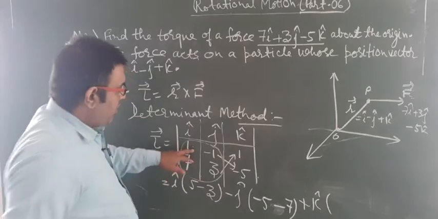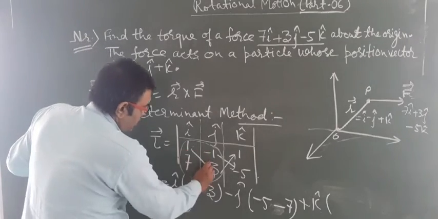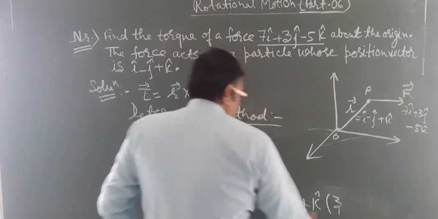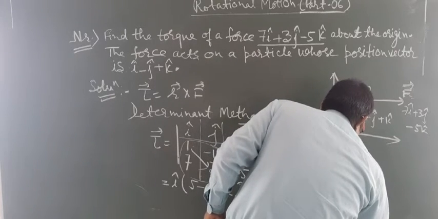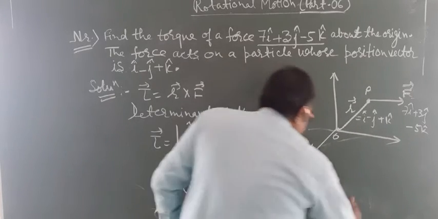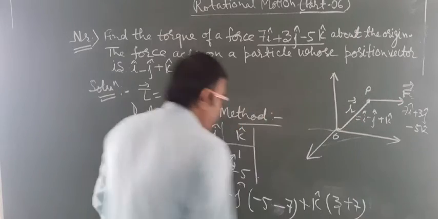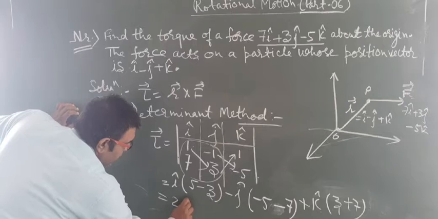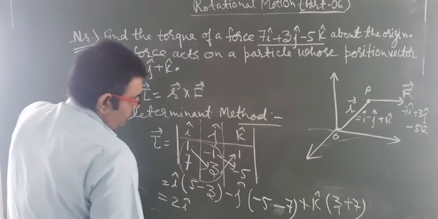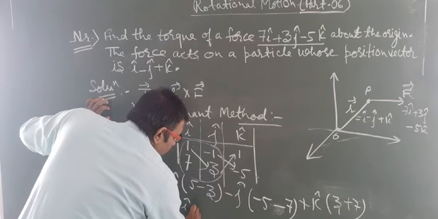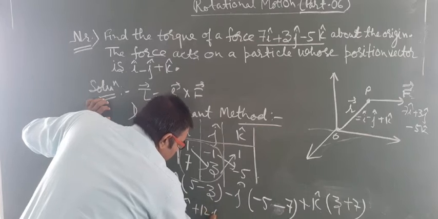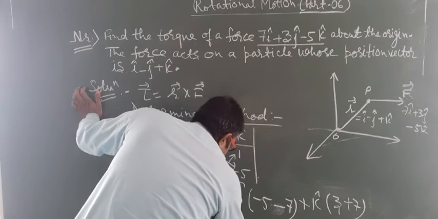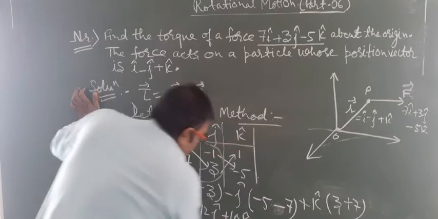So for this, 3 minus 7, that is plus 7. So it will be 2 i cap plus 12 j cap plus 10 k cap.